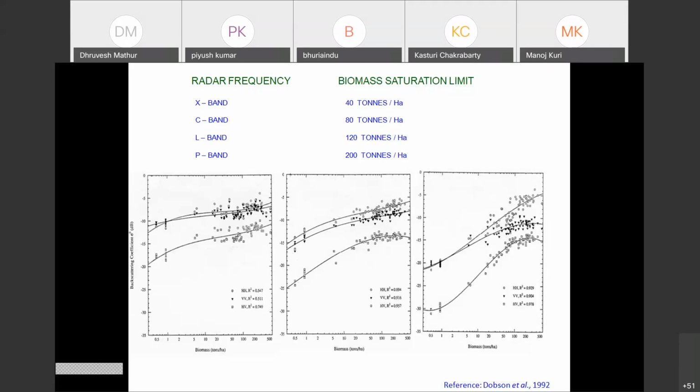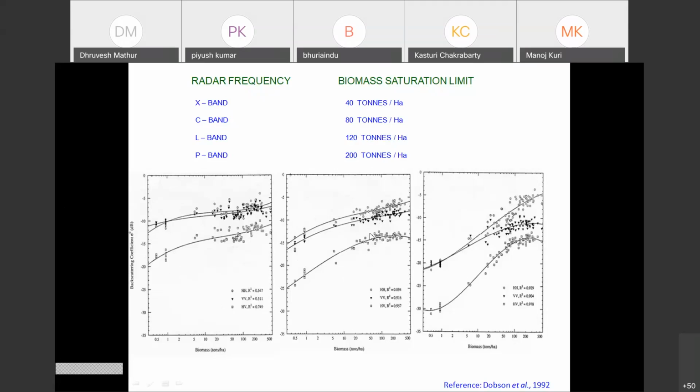biomass zones. Another example is shown of the biomass and the backscatter coefficient. It is seen in C band, L band, and P band. So here what we see, in different polarizations of course, is that when we go to the higher biomass zones, there is overlap and there is intermixing.